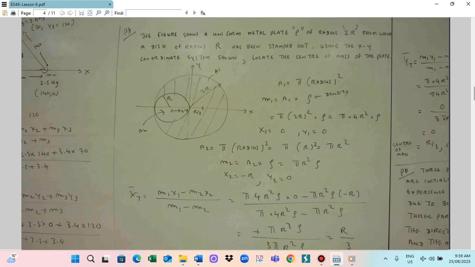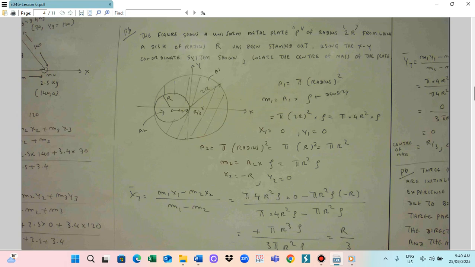So in this case we calculate M1 H1 minus M2 H2. M1 is pi into 4r square into rho, H1 is 0, minus M2 is pi into r square into rho. H2 is minus r. Okay. And M1 minus M2. M1 is pi into 4r square into rho minus M2, pi into r square into rho.